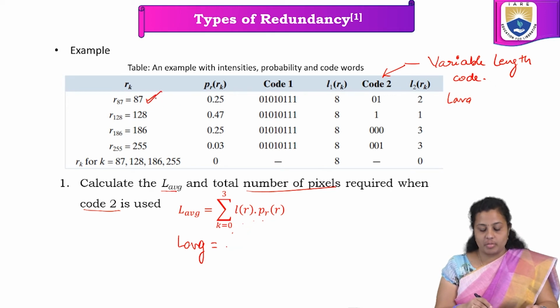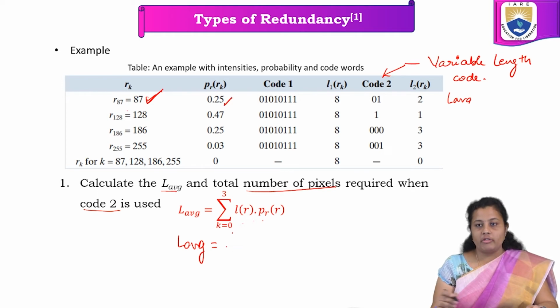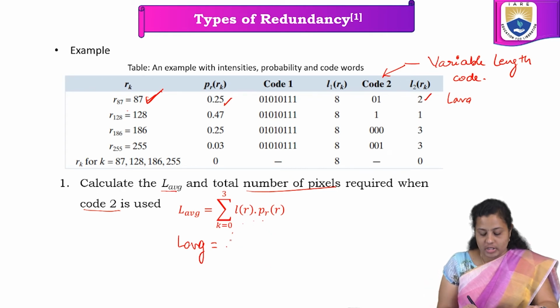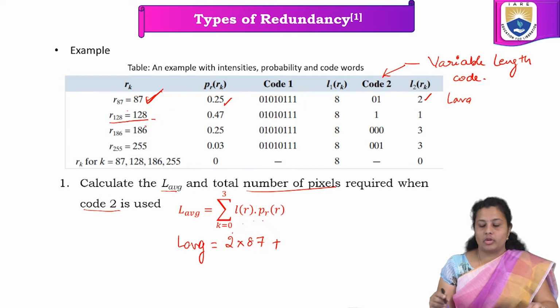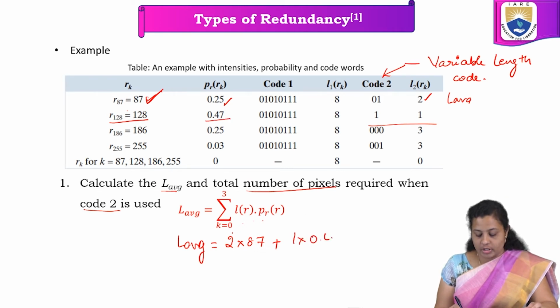The probability of intensity value 87 is 0.25, and the length of the code used to represent it is 2, so we write 2 into 0.25. Next, the intensity value 128: the code length is 1 and the probability of occurrence is 0.47, so 1 into 0.47. Similarly, the next intensity value is 187, where the probability is 0.25 and the code length is 3.